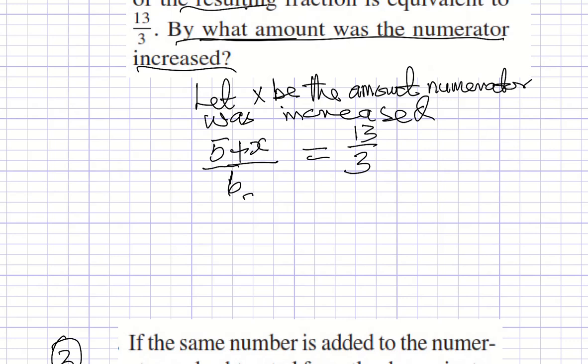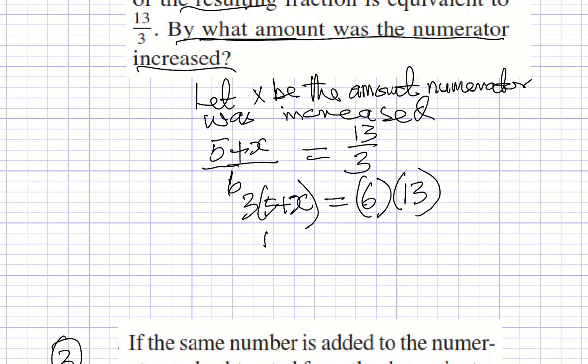You have 3 times 5 plus X is equals to 6 times 13, okay? And then we're going to solve for X. It's 15 plus 3X is equals to, what is that? You see what I'm doing, right? So that's all you got to do, man.